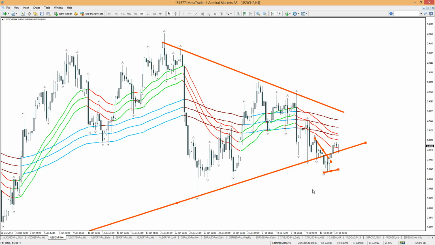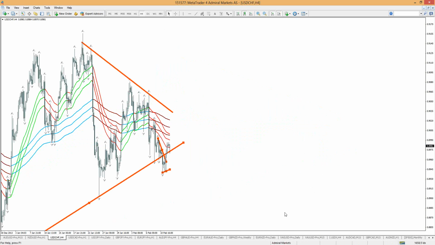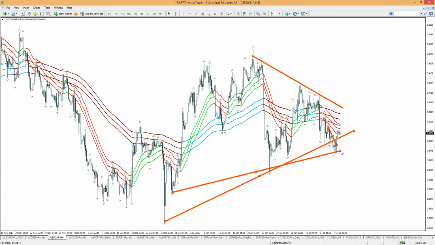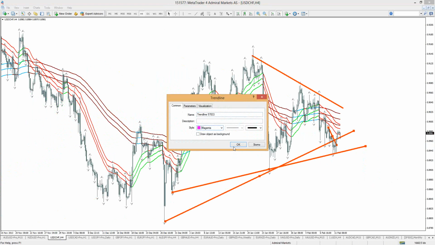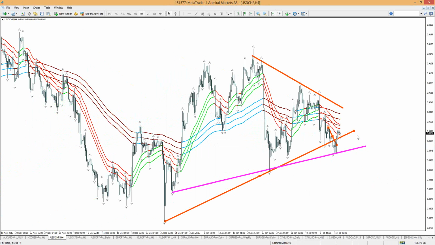Not so clear at the moment. It's maybe bouncing off this trend line, but right here, the second one, let me make that a different color. Magenta here.